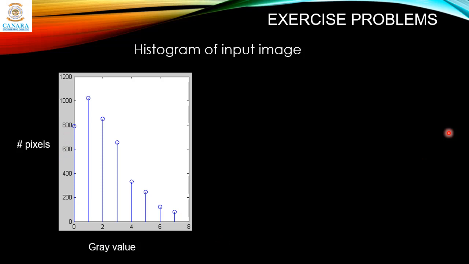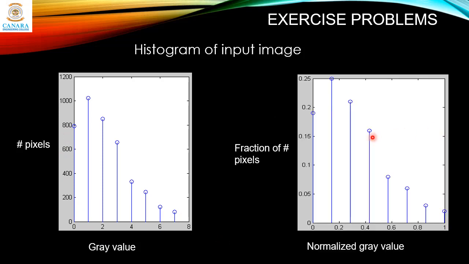And you can also write it using normalized values. So both x and y-axis are normalized, if you can see. The x-axis is 0 to 1, which is the rk values, and the y-axis is also normalized nk values. Okay, so if you add up all these components, it will be 1. So this is just representing the input image histogram.